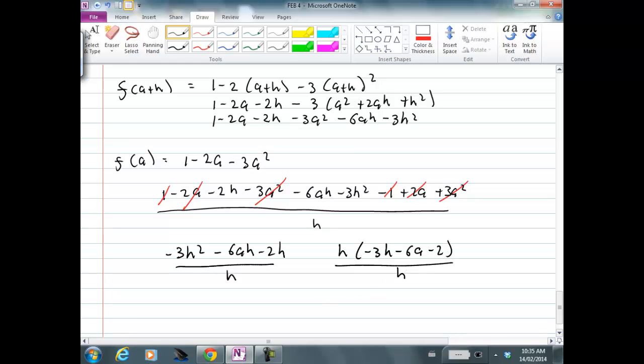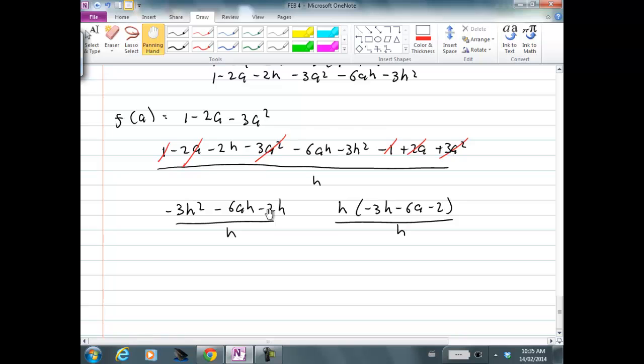The h cancels out, and look what happened when it cancelled out: this is gone. So what we're left with is the limit as h approaches 0 of negative 3h minus 6a minus 2. Plug in 0 for h now, and what you will be left with is the limit, which is negative 6a minus 2.